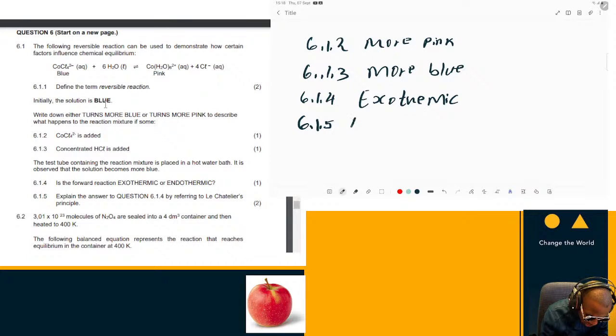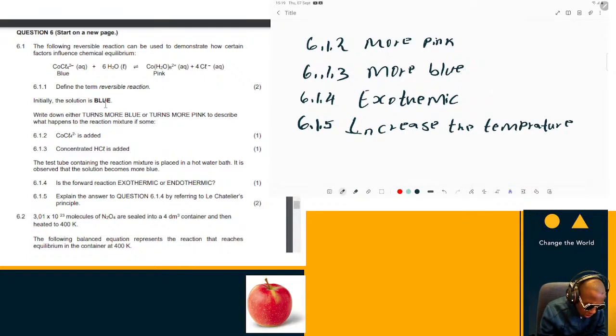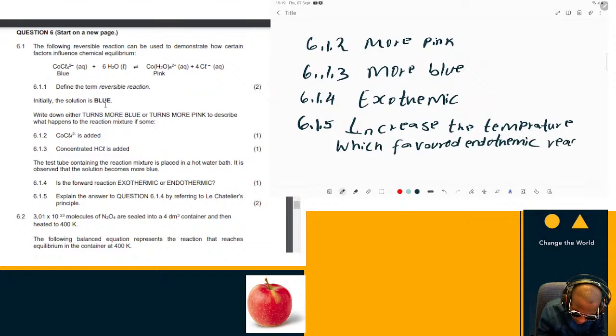We increase the temperature, which favors the endothermic reaction, which will be the reverse reaction.